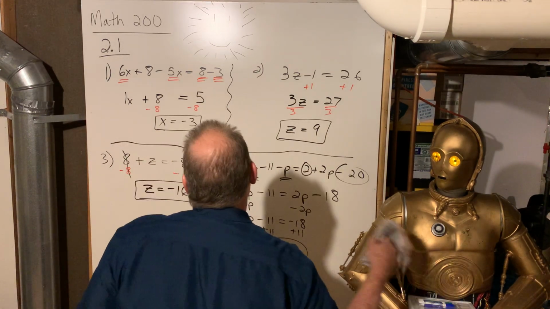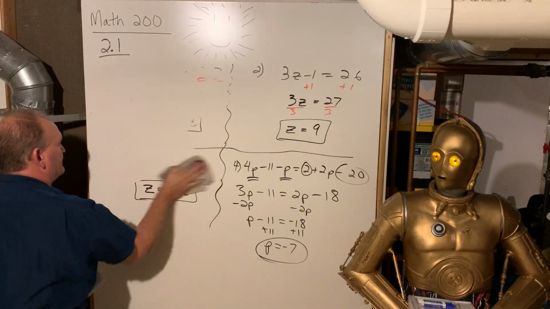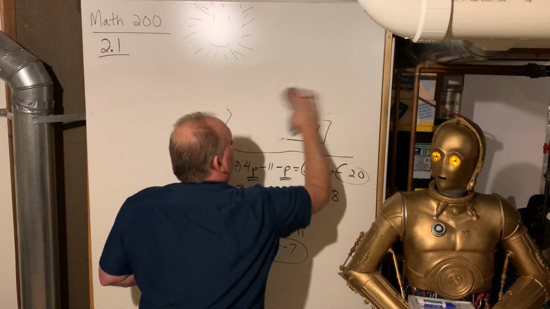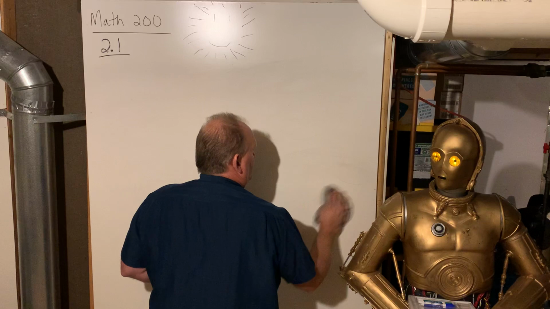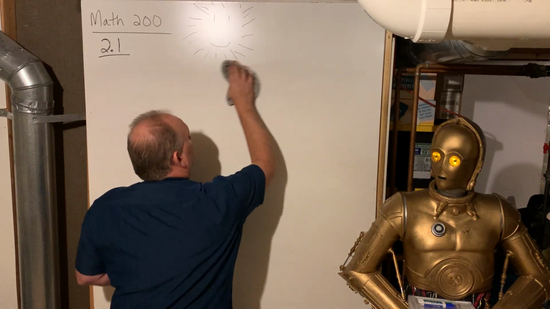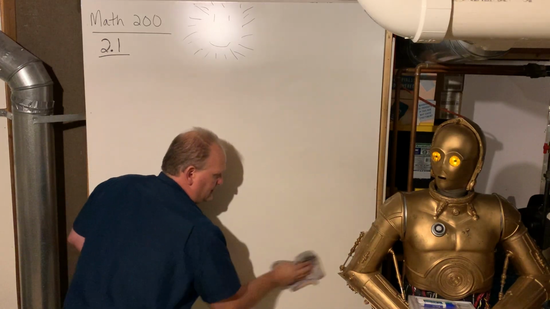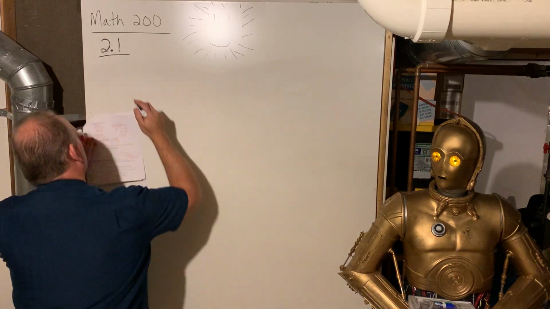All right, so moving along. Page 2. I'm going to up the game a little bit here, and we're going to do the distributive property. So the distributive property is when you have a number in front, usually, of a parentheses, and you multiply it through those parentheses.